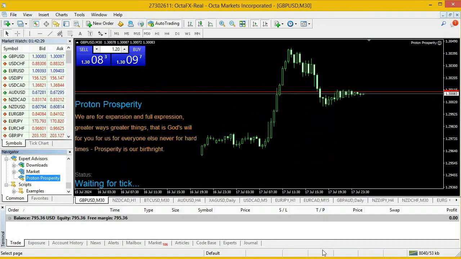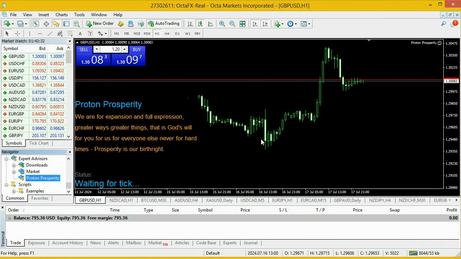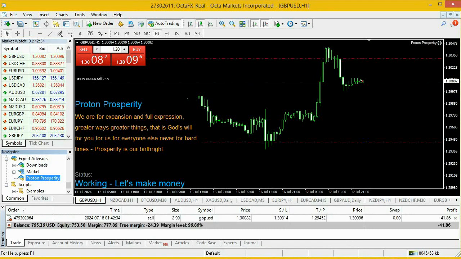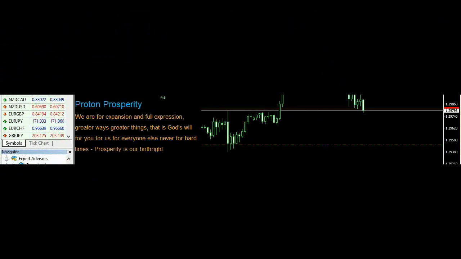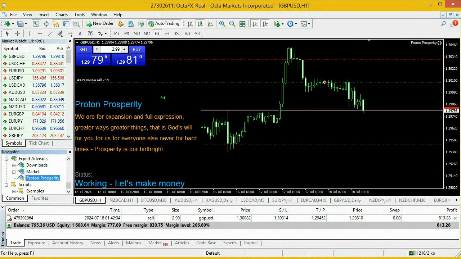The next trade is on the British pound and US dollar currency pair. Sell position executed. Our stop loss, and take profit. This is where we are, around 13 hours later.